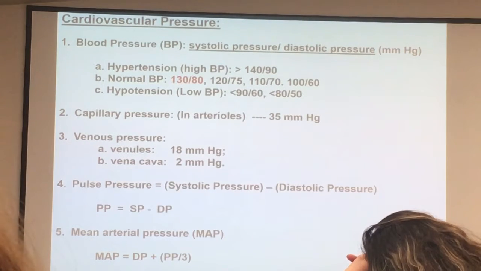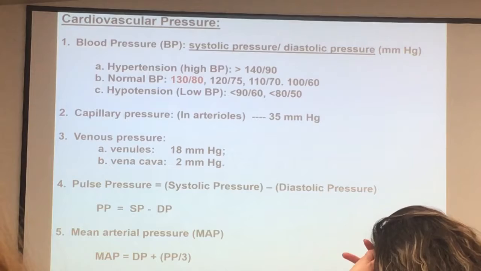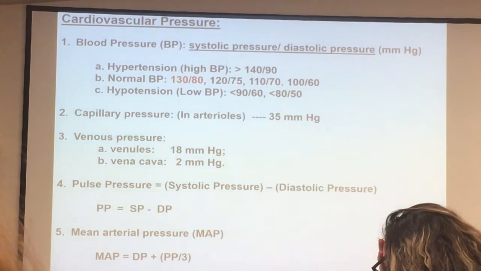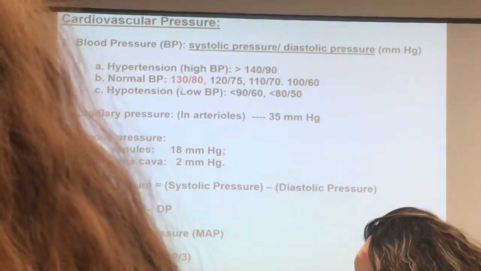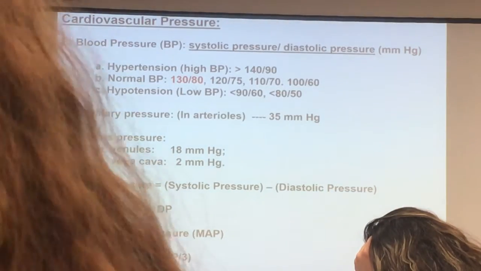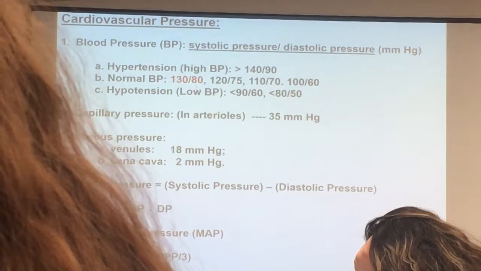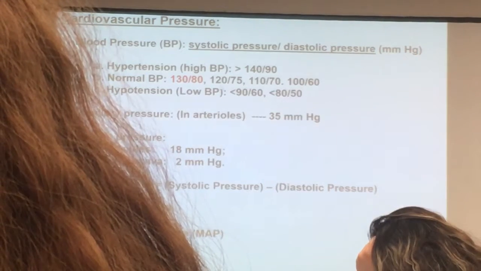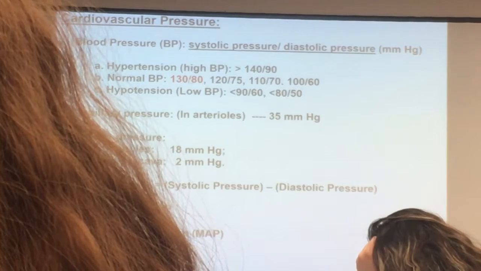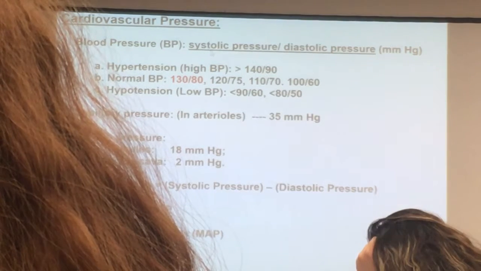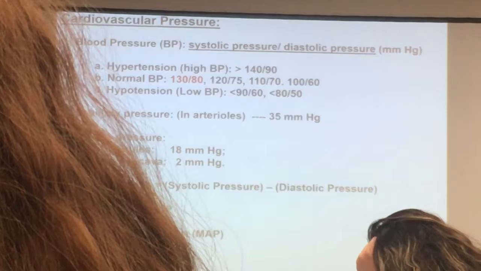The cardiovascular pressure, we use the sphygmomanometer to measure it, and we read the value. Normally it's 130 over 80. For young people, you probably need 120 over 70, something like that. The first number is systolic pressure, the contraction pressure.